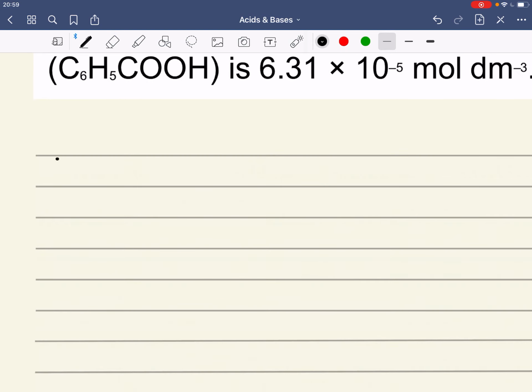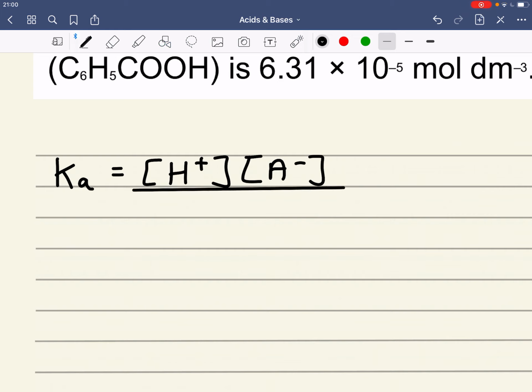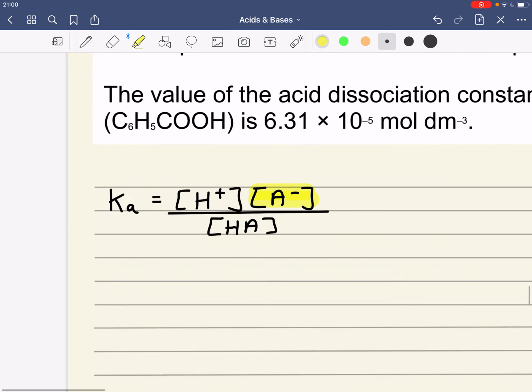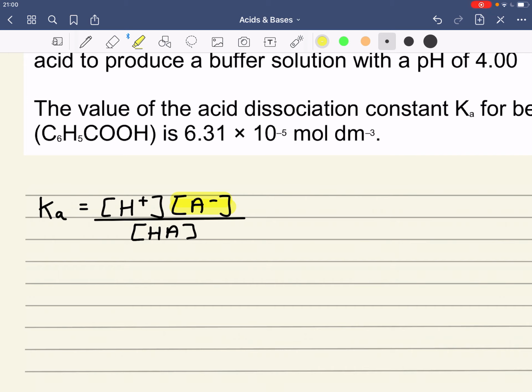Now, the first thing we do is we're going to write down the expression for Ka. And we should be aware that this is what it is. Now, what we need to do is work out the mass of, in effect, the A minus. That's my sodium benzene carboxylate.